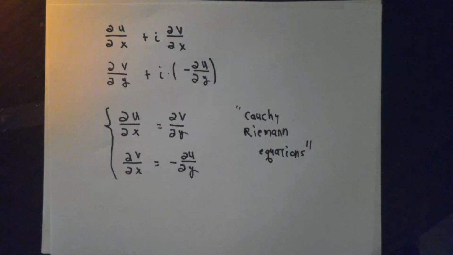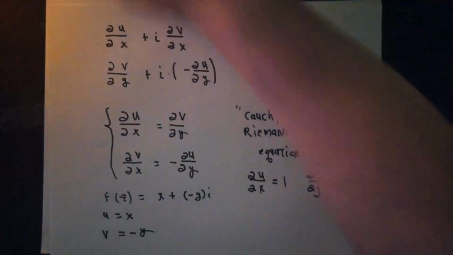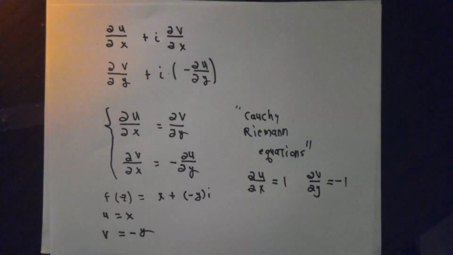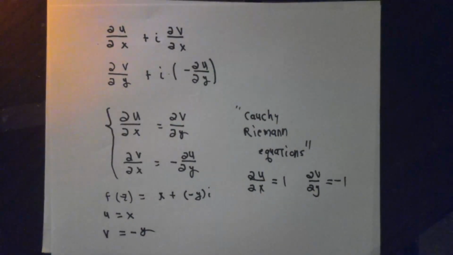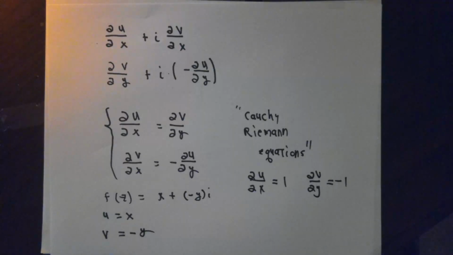Let's return to our example, the complex conjugate. The real and imaginary parts of the complex conjugate function are u equal x and v equal negative y. Partial of u with respect to x is 1. Partial of v with respect to y is not 1. It's negative 1.